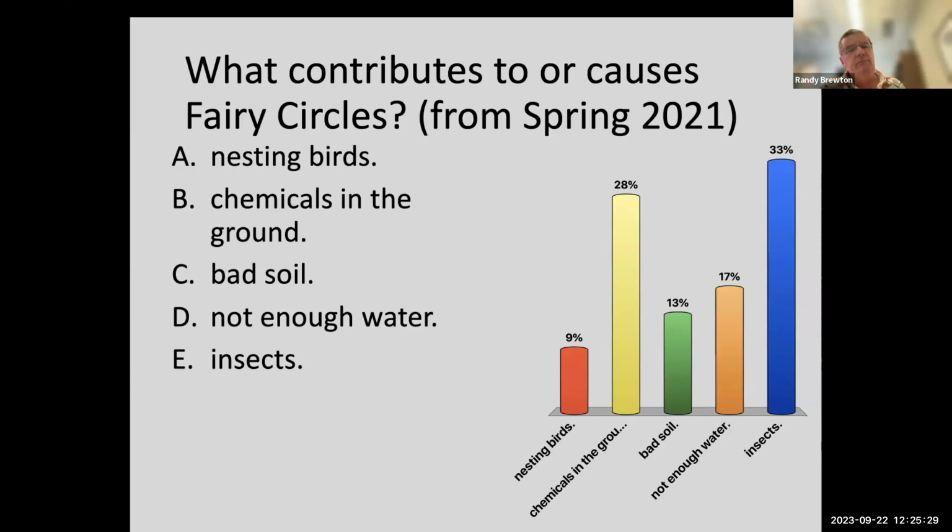Now, what's really causing the fairy circles? As it turns out, there are some fairy circles that don't have termite mounds, which has undercut this idea that the termites are causing the circles.